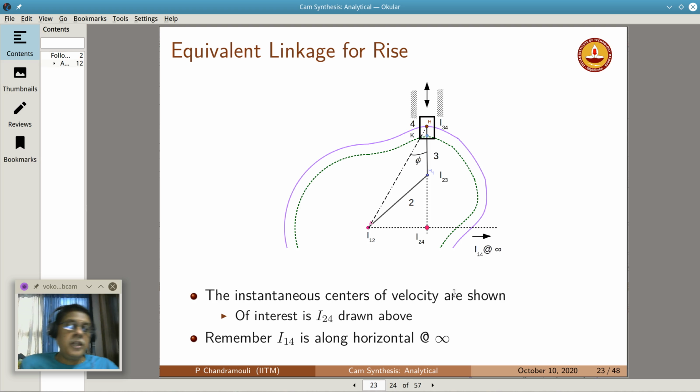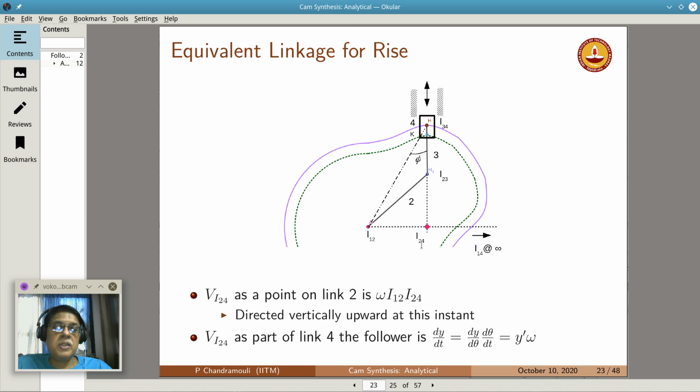So we located I24 by Kennedy's theorem, the instantaneous centers. Now I want to find out, we use the fact that I24 is a point which is common to both link 2 as well as link 4 and has the same velocity, right? So what is the velocity of I24 as a point on link 2? It is omega of the cam multiplied by I12 into I24, which is that distance.